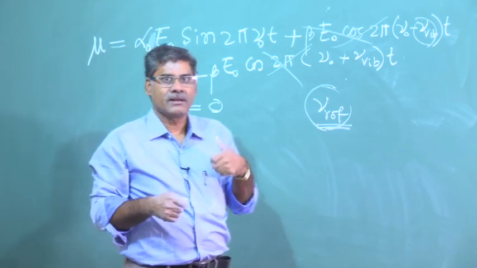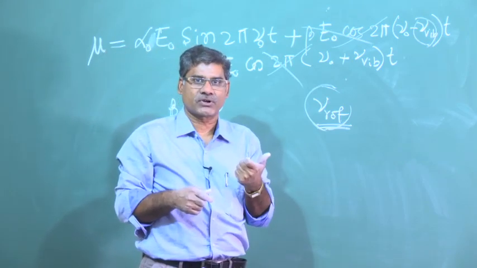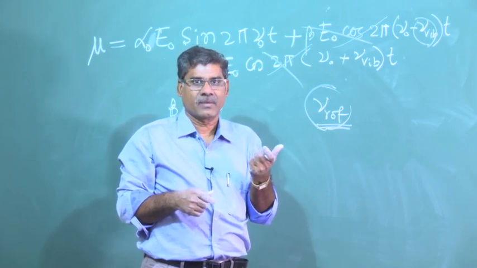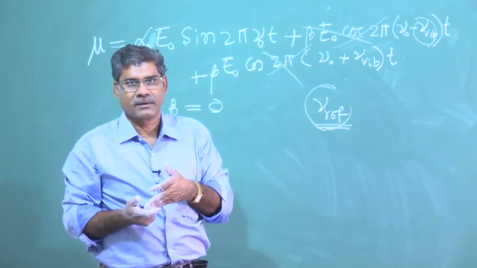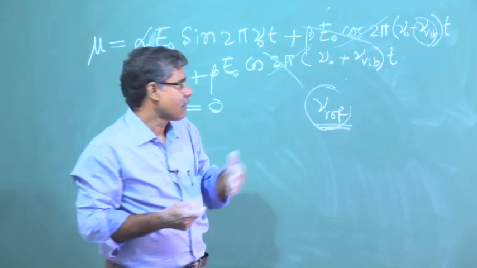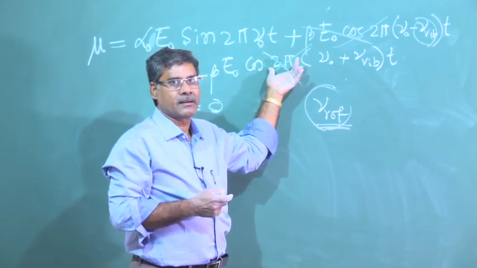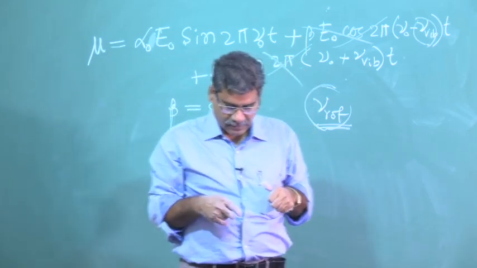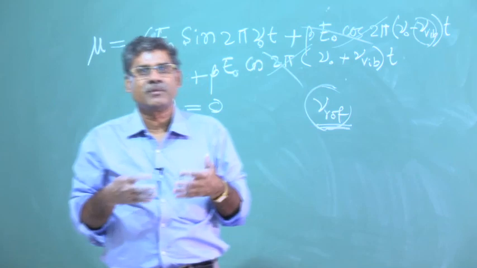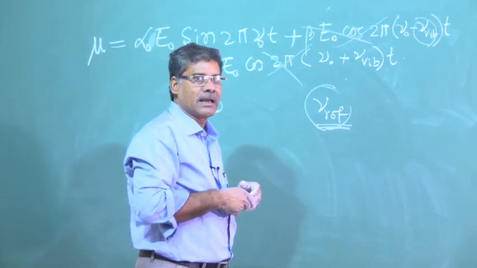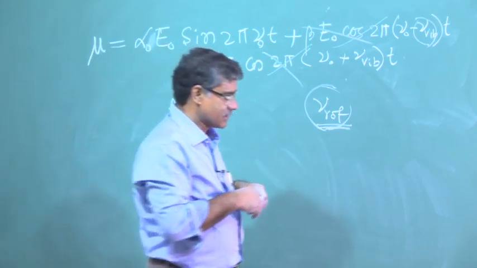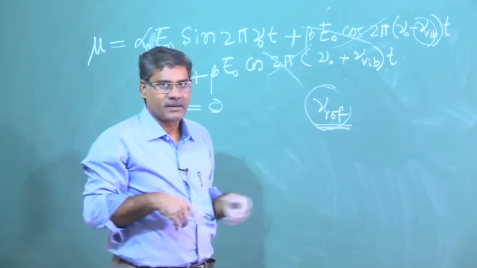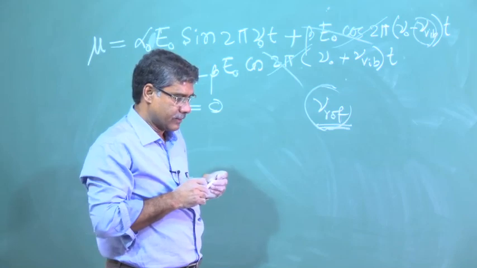So, either you can see only the rotation one, only the vibration one, or both in Raman spectroscopy, and in that case the vibration one will be modulated with the rotation one, and that is the fine structure of the Raman vibrational spectra.